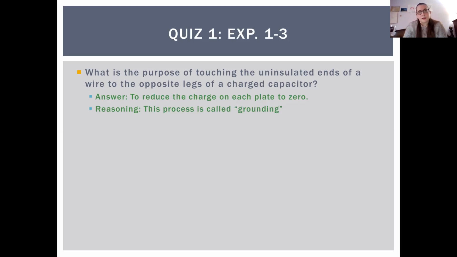So that's called grounding it. And it's really important that we do that so that we know our results are calibrated. And if not, then that introduces some systematic error in measurement that is problematic.